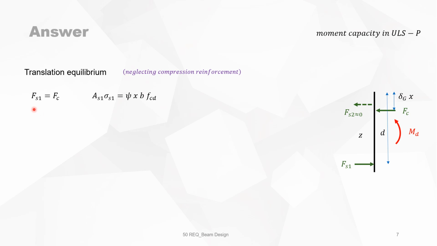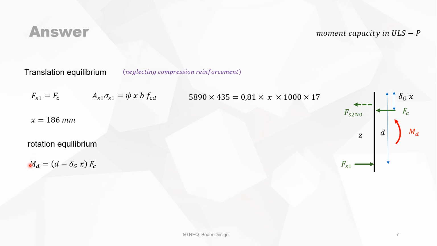So translation equilibrium gives us this simplified equation, and you have the direct solution of the value of x, which is now 186 millimeters. So you will see that the depth of the neutral axis increases because we left out force Fs2. It goes from 155 to 186.